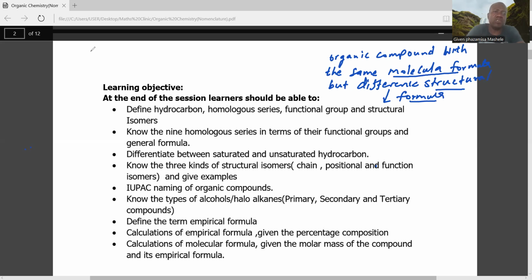And again, guys, you need to be able to differentiate between molecular formula, structural formula, and condensed structural formula.